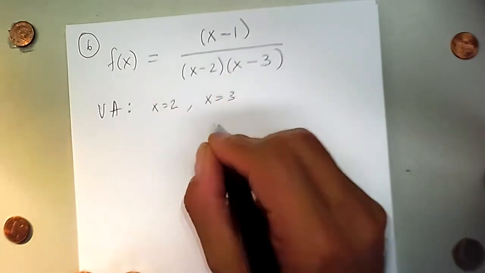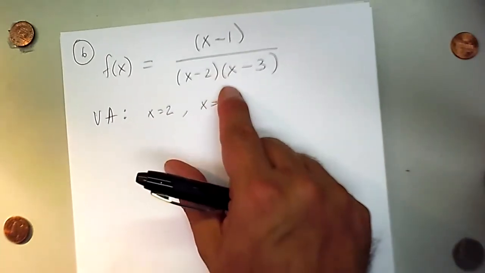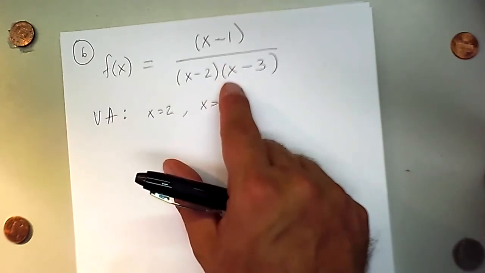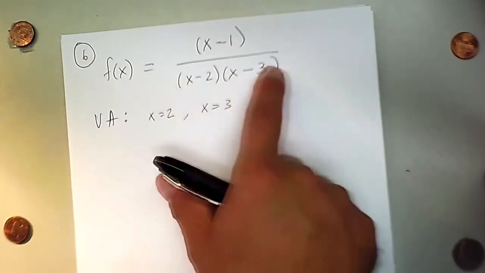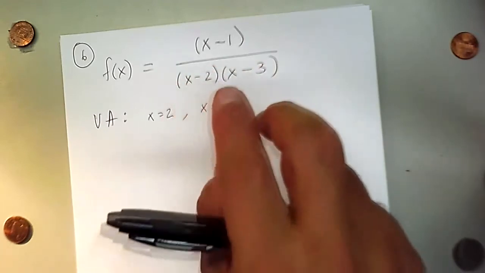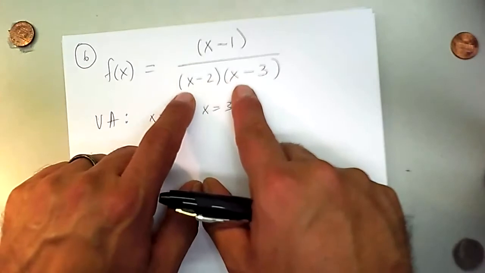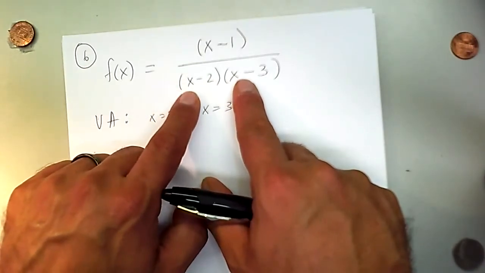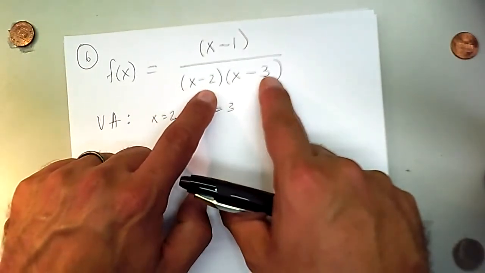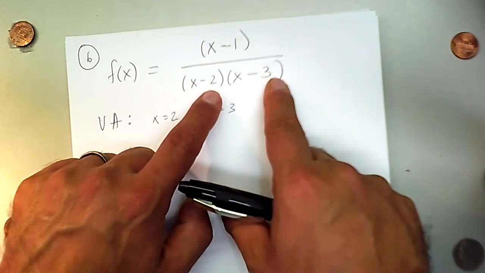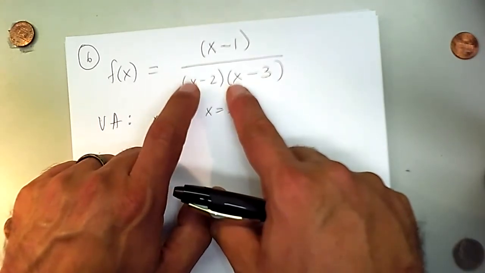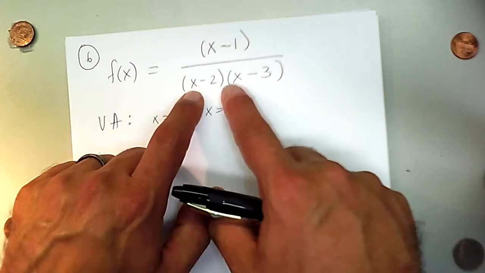I'm not going to focus on the domain yet. Do we have a horizontal asymptote? Well, the denominator has degree 2 because there are 2 x's that will multiply. If we multiply this out, we end up with x squared minus 5x plus 6. So we have a quadratic, a polynomial of degree 2.